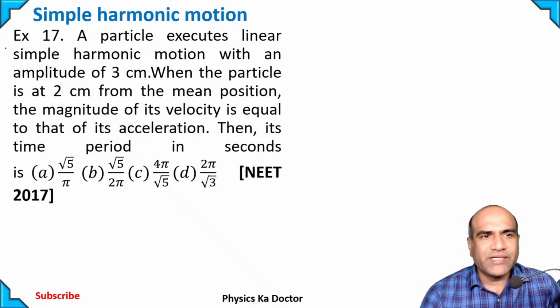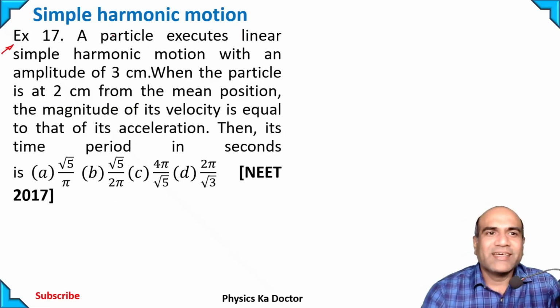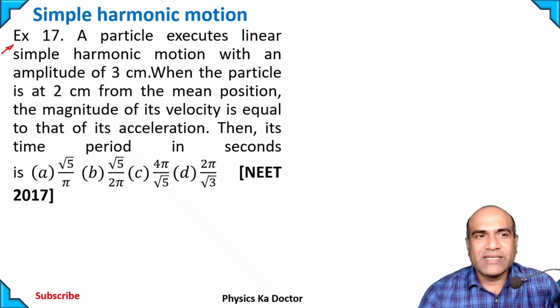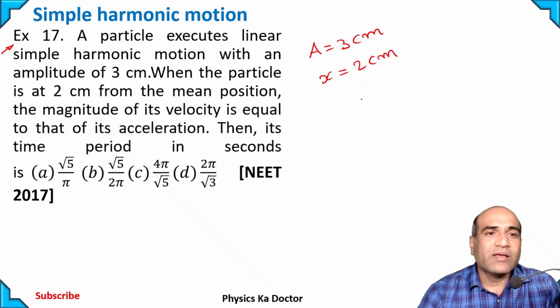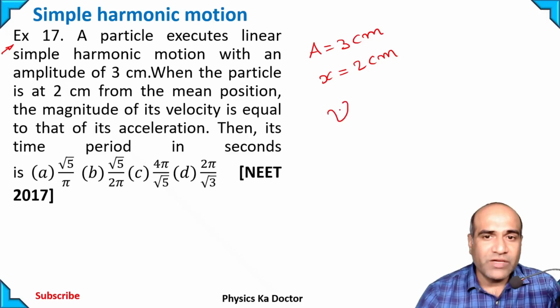Example number 17. A particle executes linear simple harmonic motion with an amplitude of 3 centimeter. Here amplitude a is given as 3 centimeter. When the particle is at 2 centimeter from the mean position, that means x is given as 2 centimeter, the magnitude of velocity v at x equal to 2 is equal to that of its acceleration.